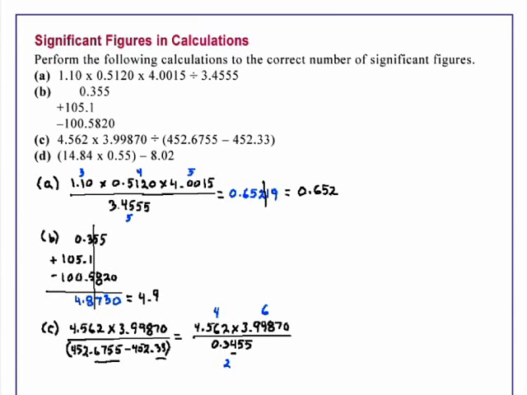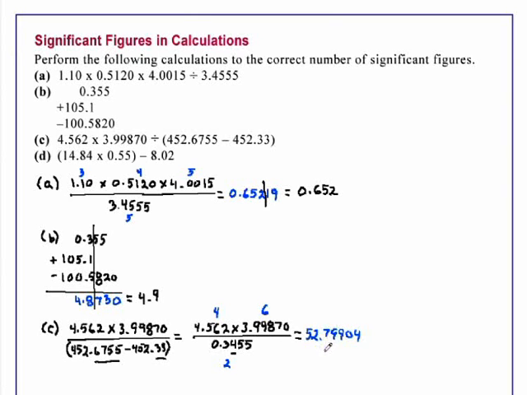So when we perform the operation, we will obtain an answer on our calculator of 52.79904, but we remember that this is only good to 2 significant figures.